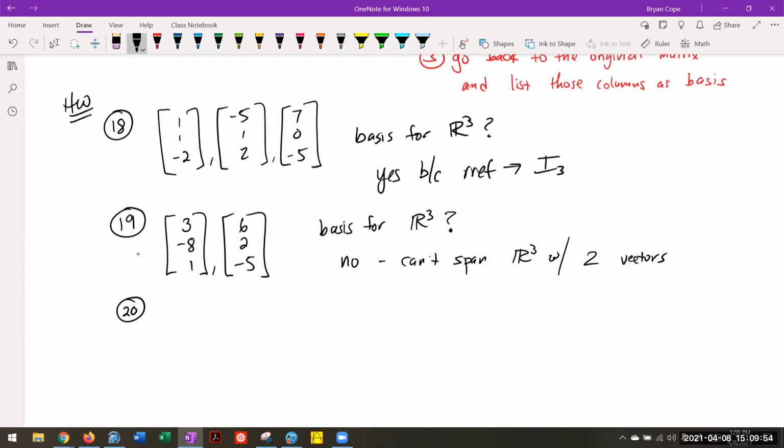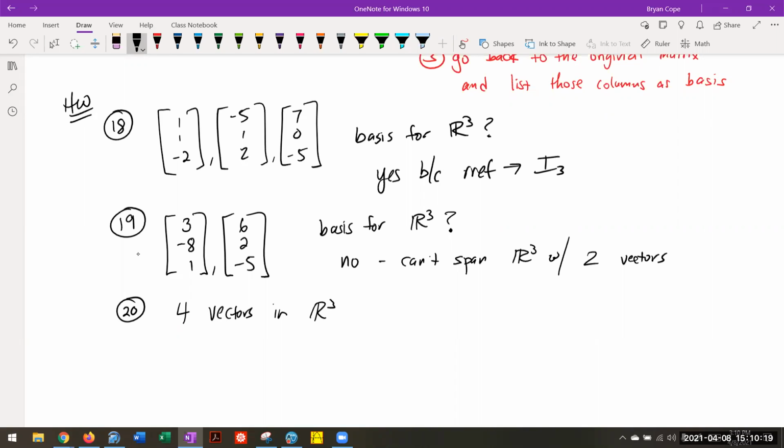Here, let's save us some time. Who wants to write out 12 numbers? In number 20, they give us 4 vectors in R3. They span R3. Is it a basis? No, because it's not linearly independent. Something's got to be redundant.